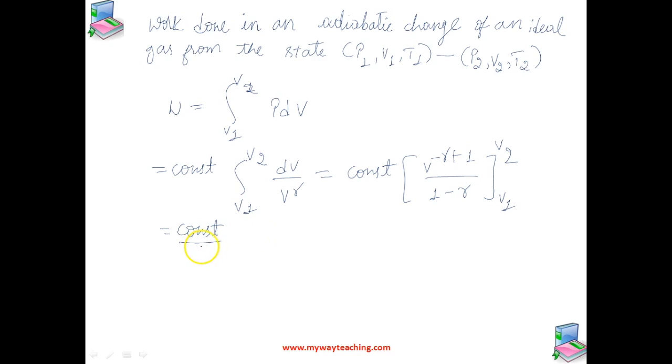We can take 1 minus gamma outside, and if you substitute the values, first is V2, then is V1, and the constant is P1 V1^gamma or P2 V2^gamma.